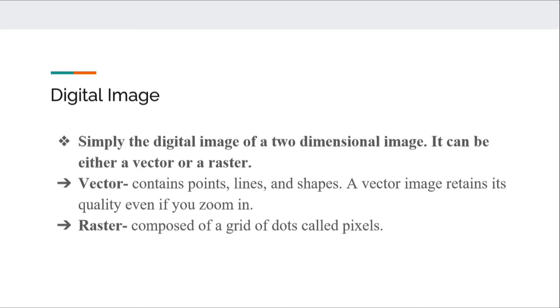The pixel is a word invented from picture element. It is the basic unit of programmable color on a computer display or in a computer image. So pixels are actually the smallest unit in a digital display.